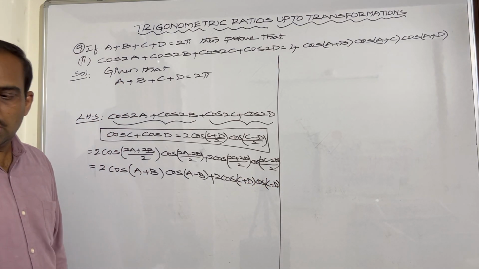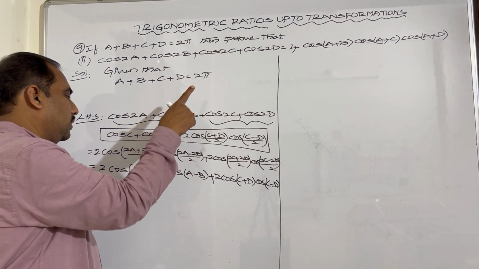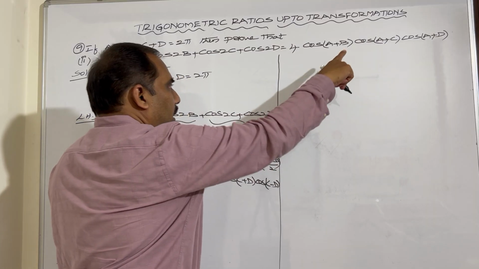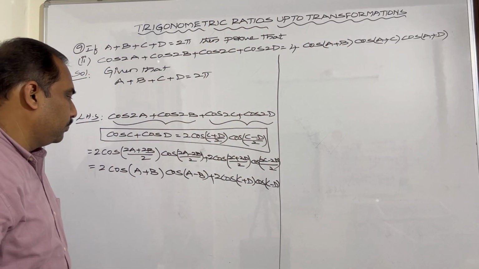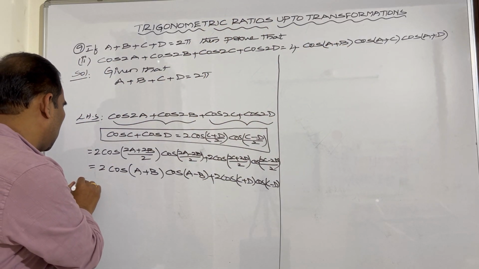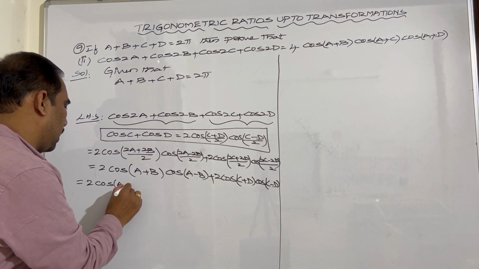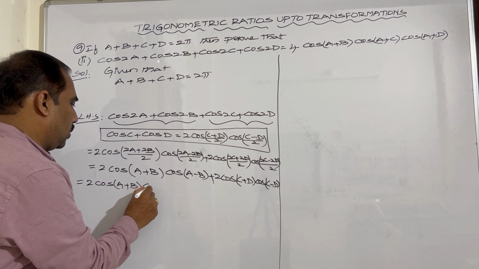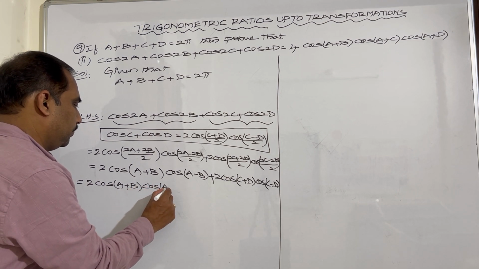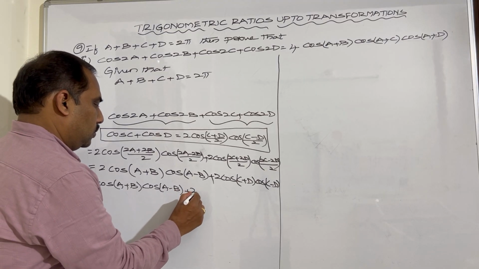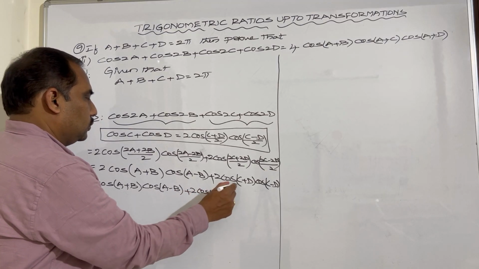Observe here, we require the right hand side cos of a plus b, a plus c, a plus d. So in the first term I am keeping cos of a plus b as it is, into cos of a minus b, and plus 2 into cos of c plus d.